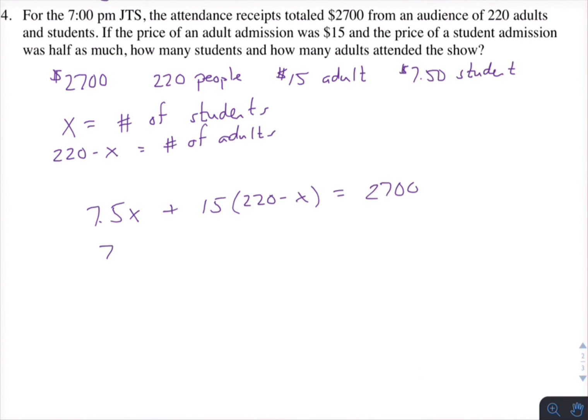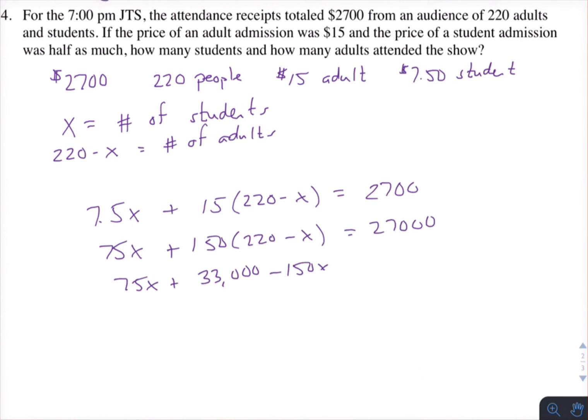Let's multiply by 10, so 75x plus 150 times 220 minus x equals 2,700. And so 15 times 22 is 330. So that means that 150 times 220 is going to be 33,000. Oh, I didn't multiply this by. There we go. Multiply by 10. So this is 33,000 minus 150x, 75x, 27,000.